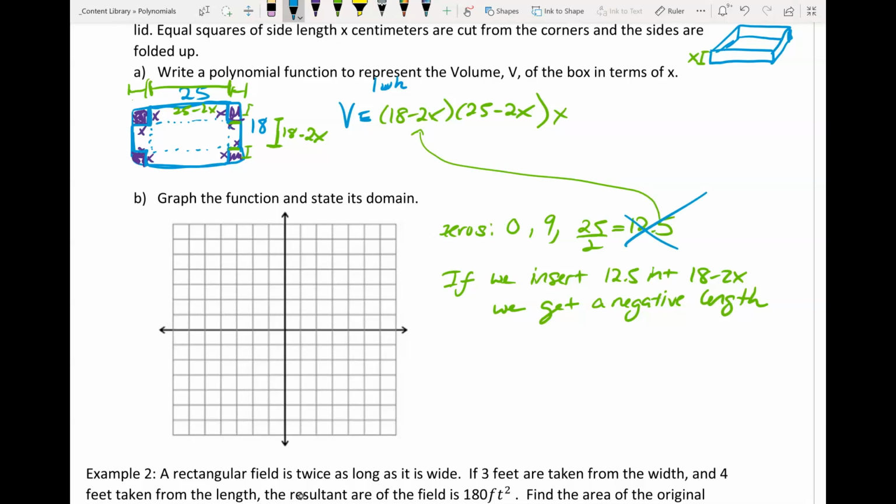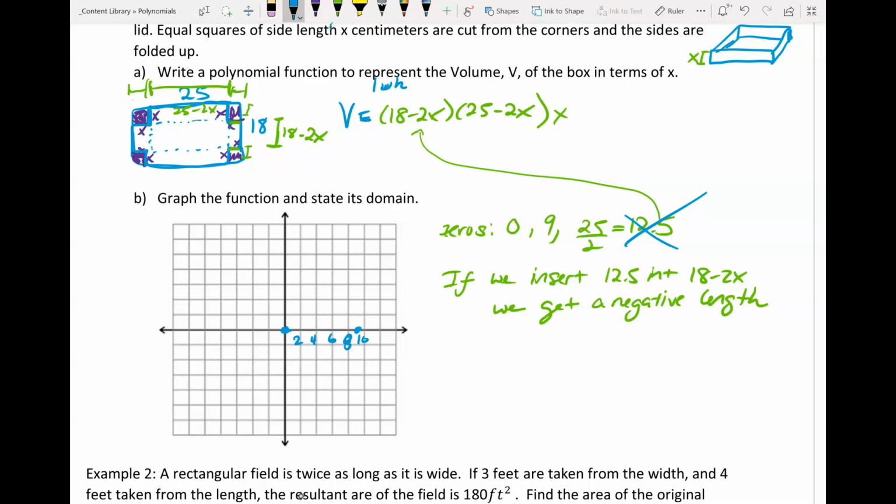So the only zeros we're going to consider is 0 itself and 9. So 9 will be about here. We also know this volume is going to be positive, because if it isn't, well, then we can't use this. But we're going to check.